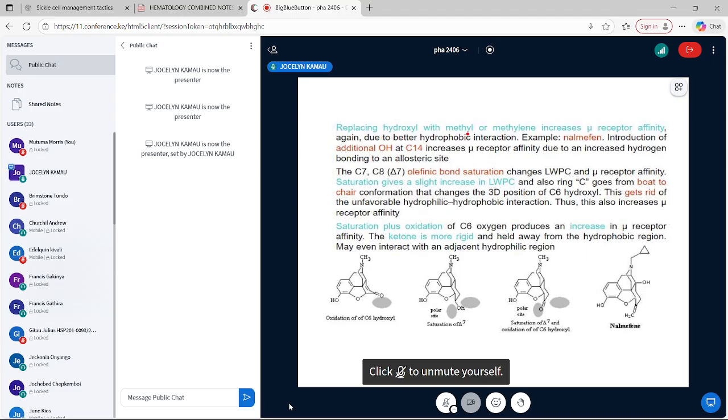Replacing the hydroxyl with a methyl or methylene increases mu receptor affinity. When you look at the structure of nalmefene, it is a pure antagonist. This is nalmefene, and this is the methylene group. But nalmefene, because of the group at position number 17, is an antagonist.